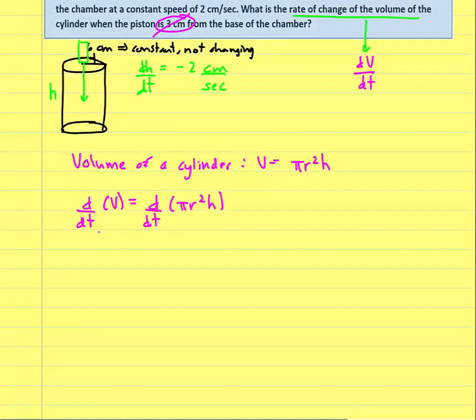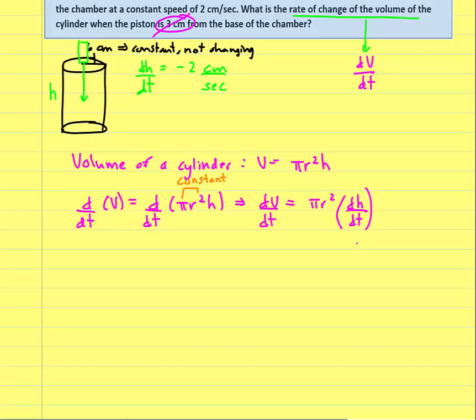So on the left hand side I would have dV/dt, and on the right hand side, again, pi is a constant, r squared is a constant, so both of these are constant. So I just have pi r squared, just drag along those constants. The derivative of h is 1, and then I took the derivative with respect to a variable other than t, so I tack on that dH/dt. So here we have pi r squared dH/dt.